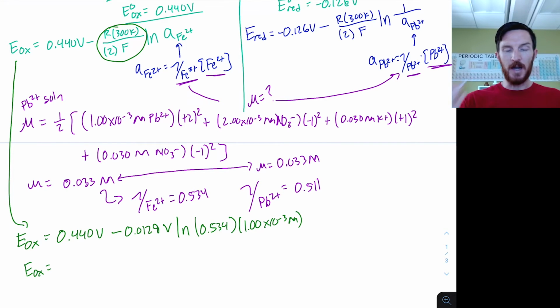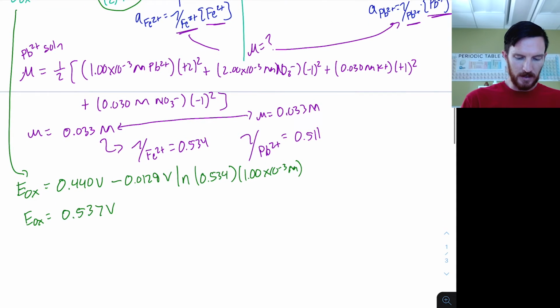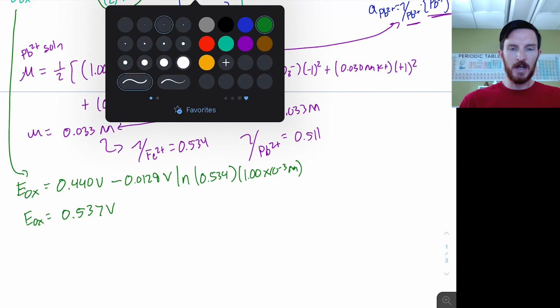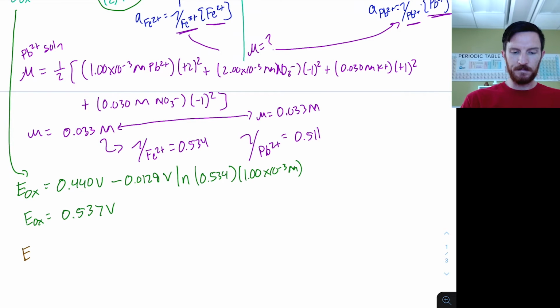That gives us the activity, and we get an oxidation potential of 0.537 volts.